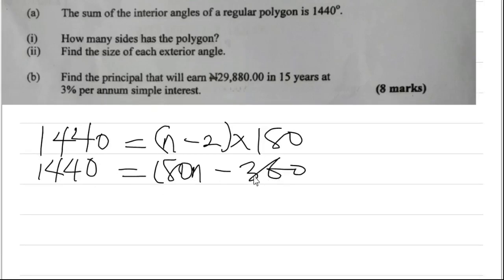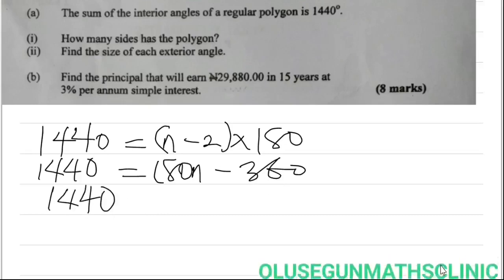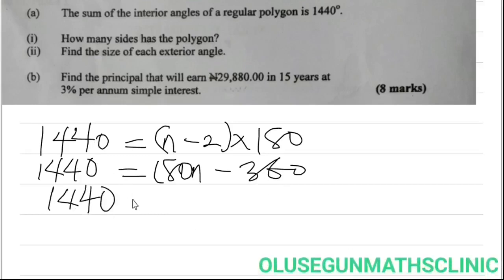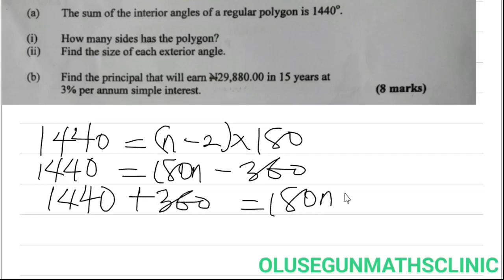You try to collect the like terms: 1440 plus 360 is equal to 180n.